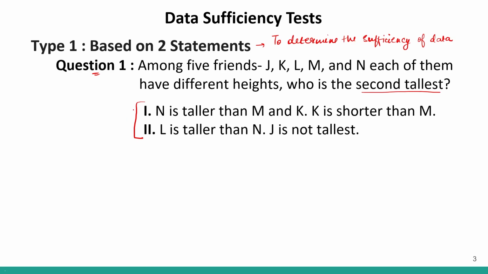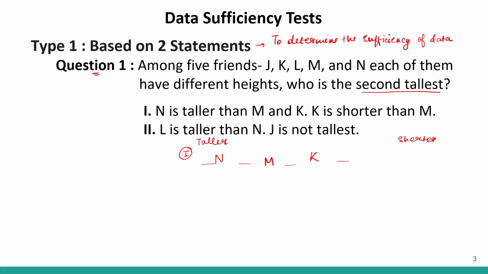So let us look at statement 1. According to statement 1, N is taller than M. I am taking this side to be the taller side and this side to be the shorter side. N is taller than M and K is shorter than M, so I get N, M and K. There are 5 friends in totality, so we don't know the other two positions; they can come anywhere.